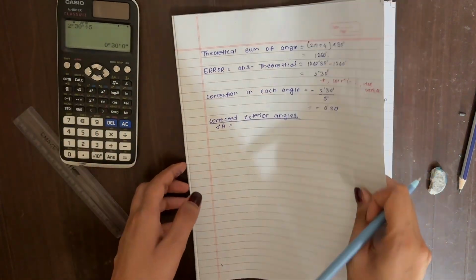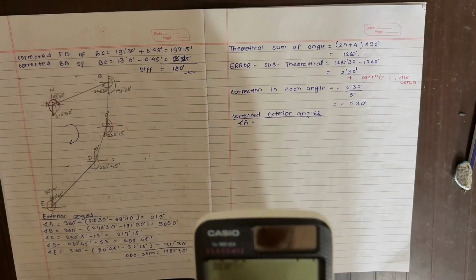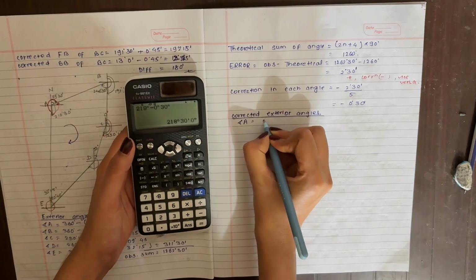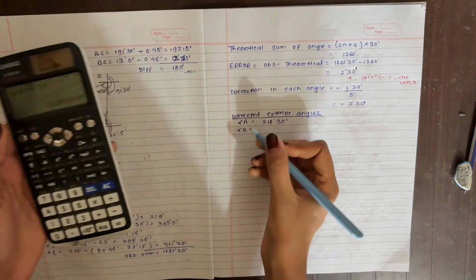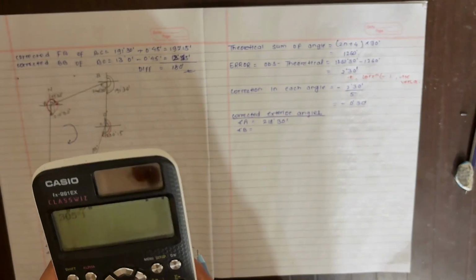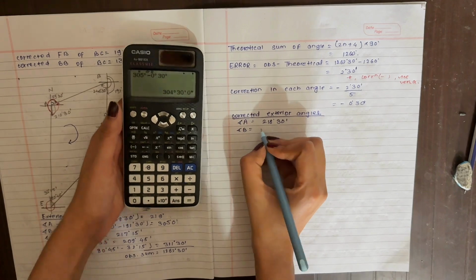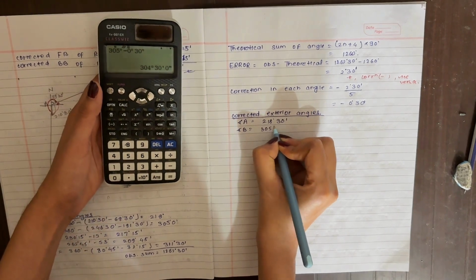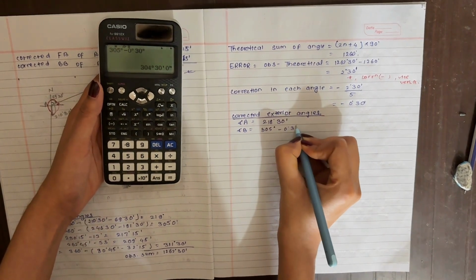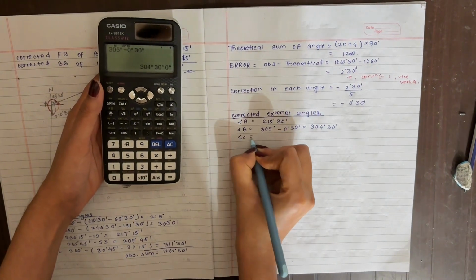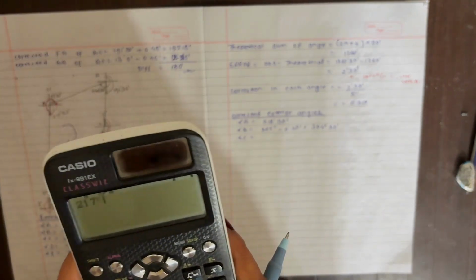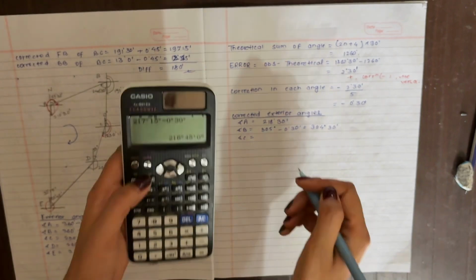So angle A is 219 degree minus 0 degree 30 minute, which is 218 degree 30 minute. Angle B is 305 degree minus 0 degree 30 minute, which is equal to 304 degree 30 minute. Now angle C is equal to 217 degree 15 minute minus 0 degree 30 minute.